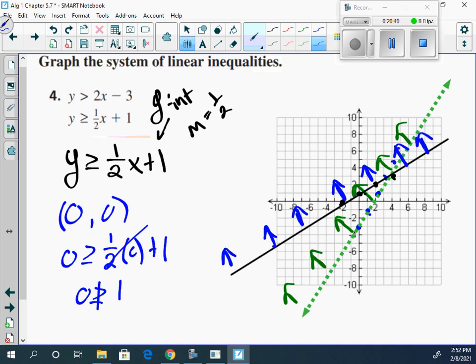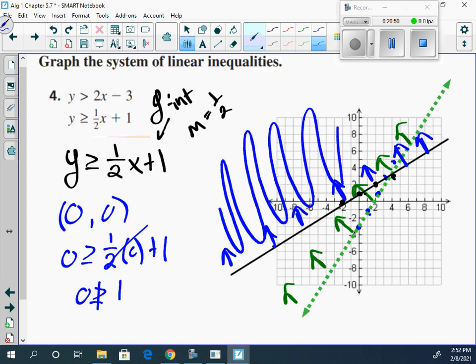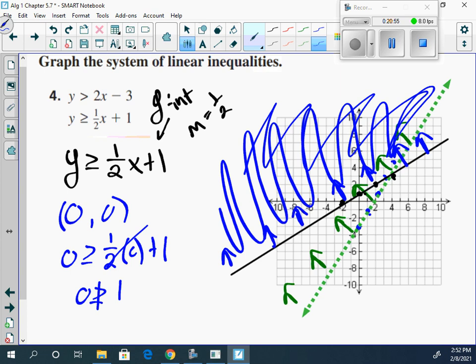So where are the arrows pointing in the same direction? Yep. So since they're both going up, we want the direction where they're both going up.